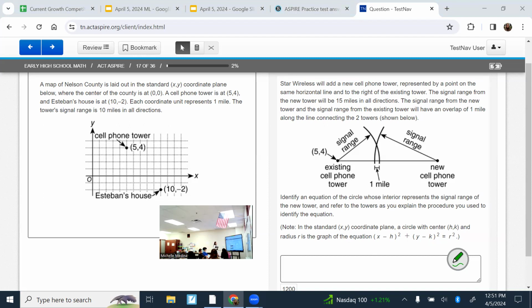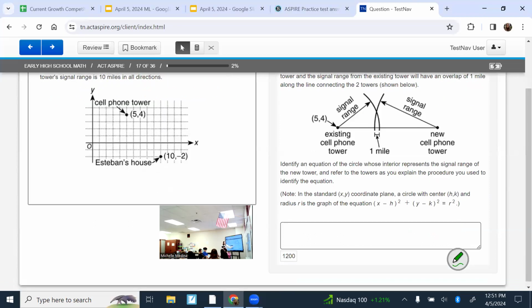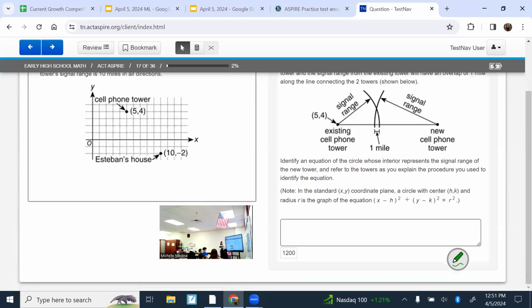And it gives you a little note that in our coordinate plane, a circle with the center (h, k) and radius r is this equation. So we're not expecting you to know your circle formula. They're giving it to you. You're being asked basically to identify the center of your new circle.